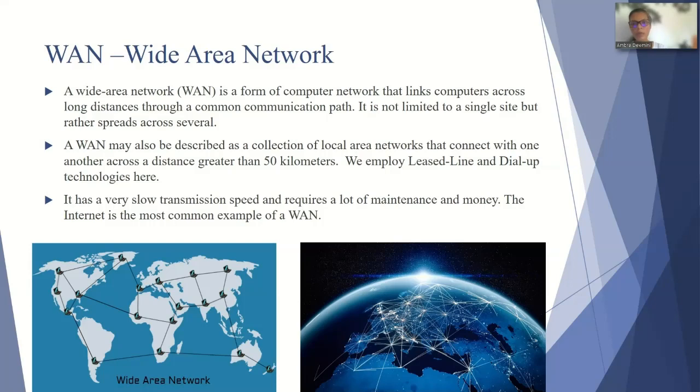A WAN may also be described as a collection of local area networks connected with one another across a distance of more than 50 kilometers. We employ leased line and dial-up technologies here. It has very slow transmission speed and requires a lot of maintenance and money. The internet is the most common example of the WAN.